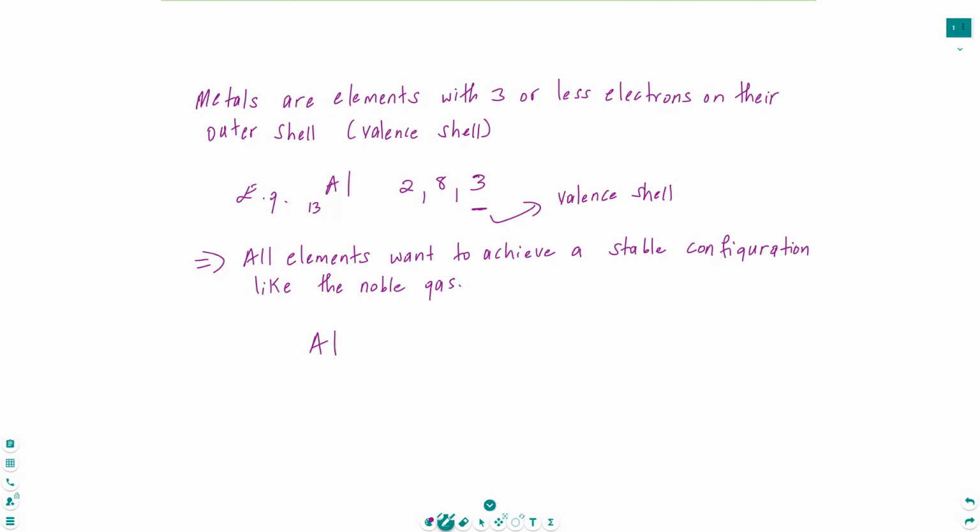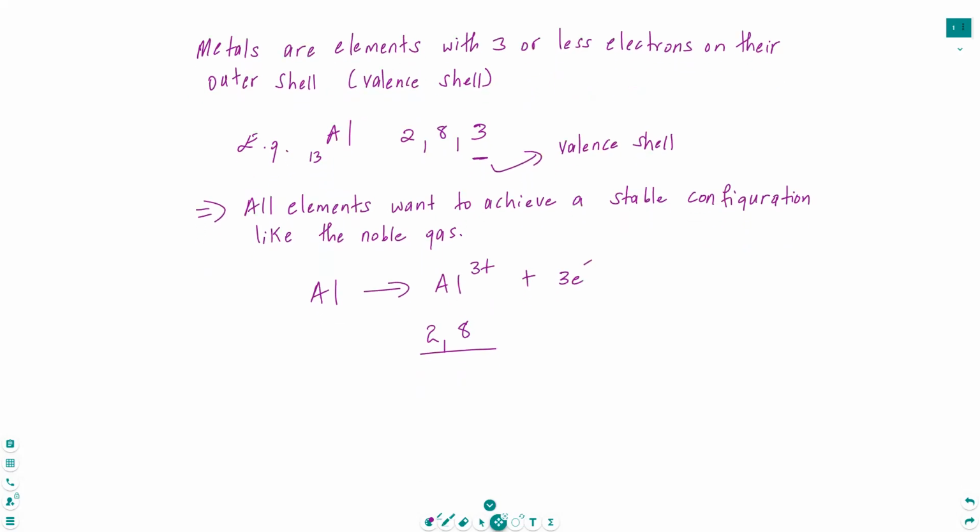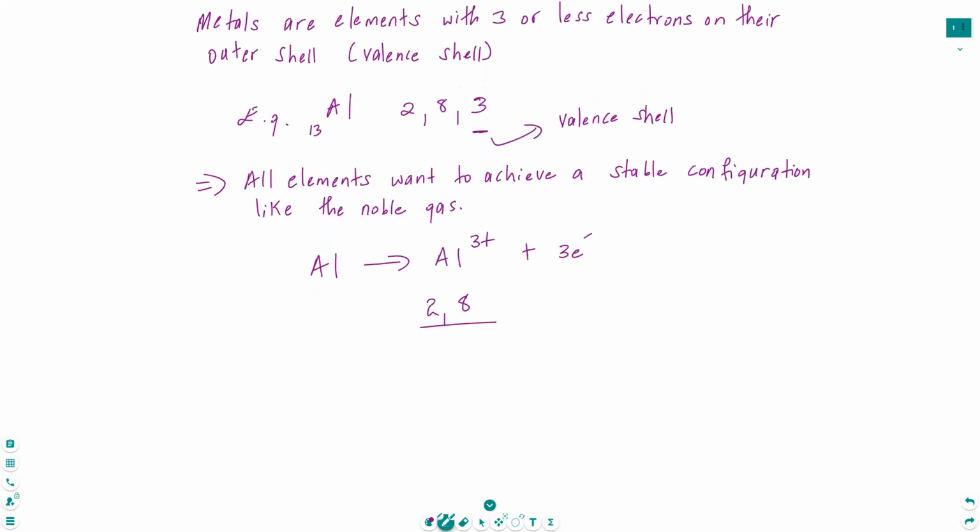So if aluminum should lose 3 electrons, it will develop a 3+ charge, because it would now have lost the 3 electrons from the outer shell. So this will now be the configuration of the aluminum ion. So why does it have a 3+ charge? Let us work it out. Remember, it had 13 protons originally.